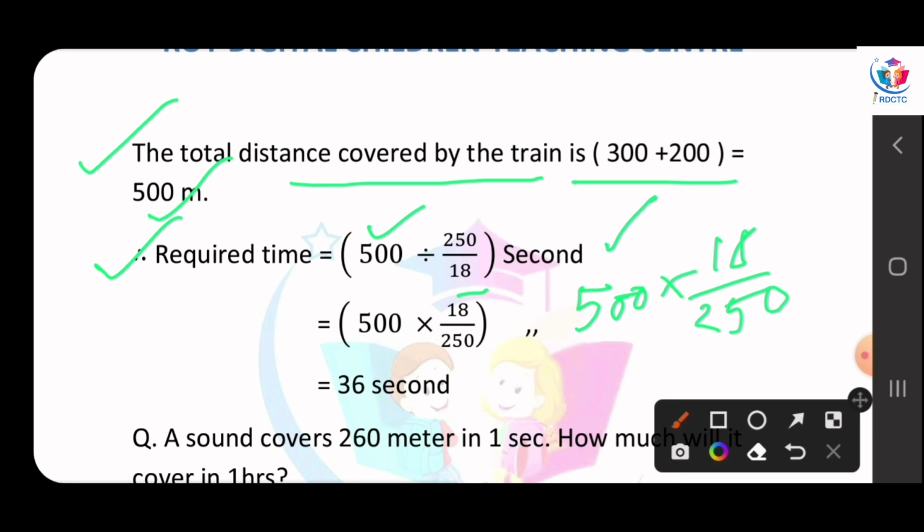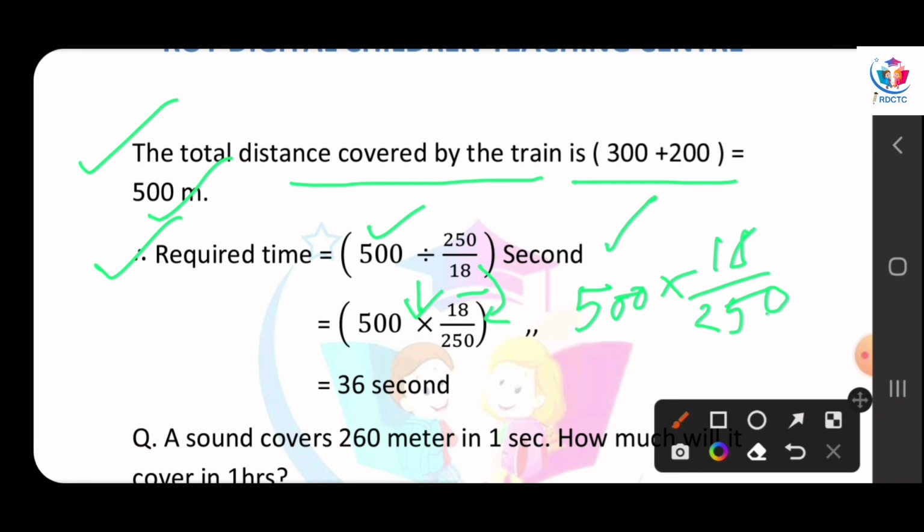Before doing division we have to change the sign into multiplication and we have to write the reciprocal of the next fraction. What is reciprocal? If you want to know, then you have to watch our fraction videos. Right now we divide the numbers.